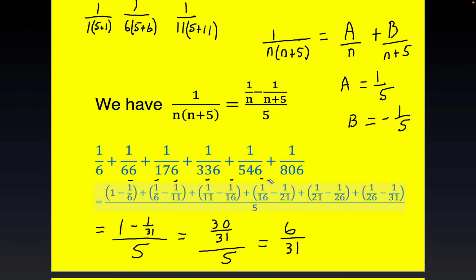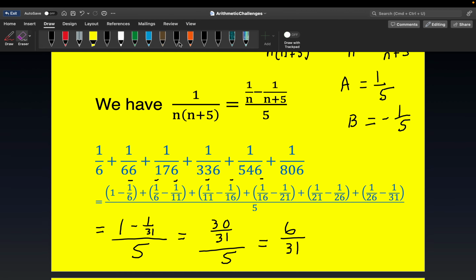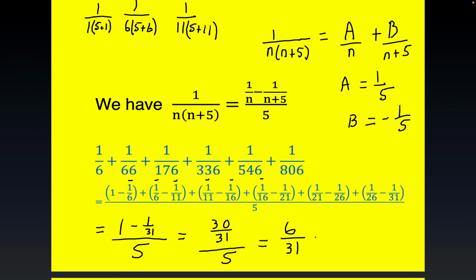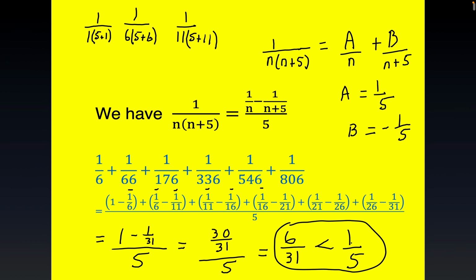There's no need to, because it's so obvious. It's clear that this is less than 1/5, right? I'll just write it down. It's clear because 6 over 30 would be 1/5, right? 6 over 30 is 1/5. And so 6 over 31 has to be less than 1/5. No need to go through a rigorous proof of that. Okay, so that does it. Fairly cool.